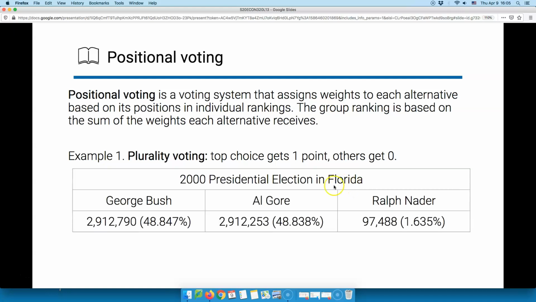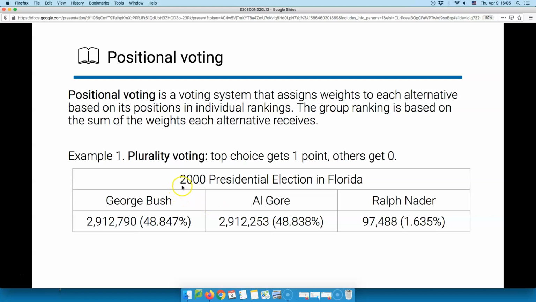In presidential elections, usually there are more than 2 candidates, so majority voting with 2 candidates is sometimes not applicable. So there are more than 2 candidates, and when you go and vote for the president, you pick your most preferred candidate, and that candidate gets your vote, and in the end, all votes are counted, and whoever gets the most votes, even if it's below 50%, gets the nomination from a particular state.